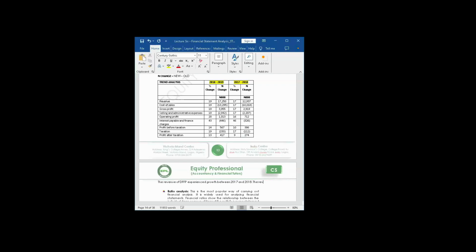The revenue increased by 17%, which amounts to about 12.9 million naira.